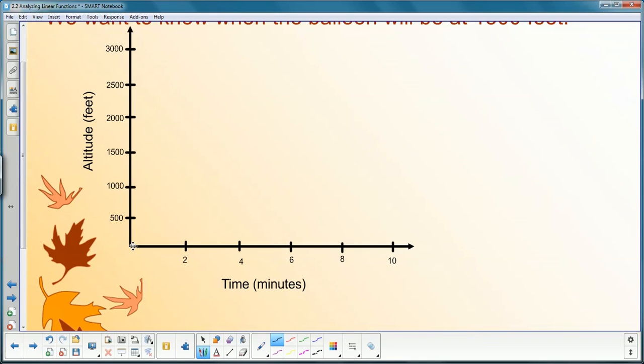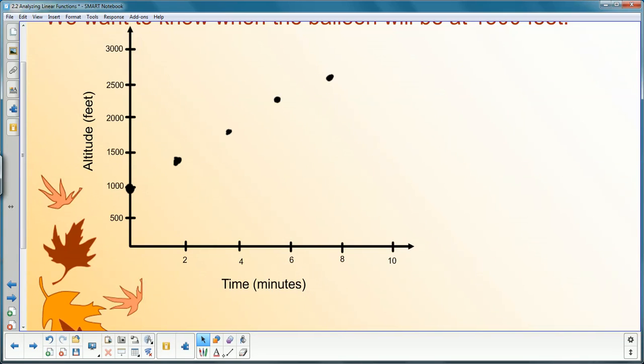My first point would be at 0, and my initial value is 1,000, so I'm going to put a point at (0, 1,000). And then it was at 2 and 1,400, and then 4 and 1,800. And I believe it was 6, 2,200, and finally 8 was at 2,600.